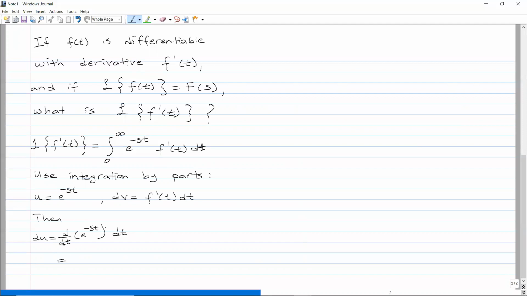So when I differentiate with respect to t, I get minus s e to the minus st dt. And what about v? To get v, I need to do the integration, but integral of the derivative is the function.